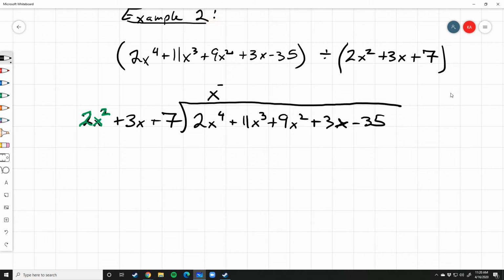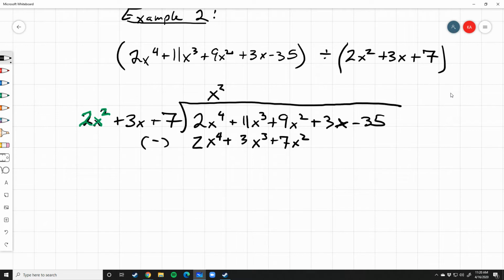You'd be right. Then we're going to multiply x squared, just like we did before, by every term in the divisor. So x squared times 2x squared is 2x to the 4th. X squared times 3x is 3x cubed. And x squared times 7 is 7x squared.